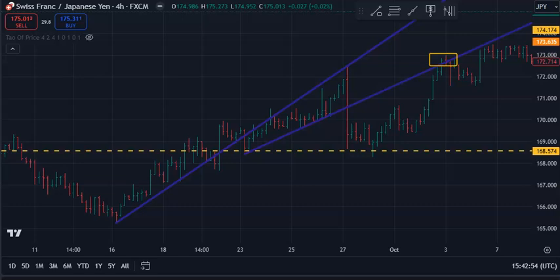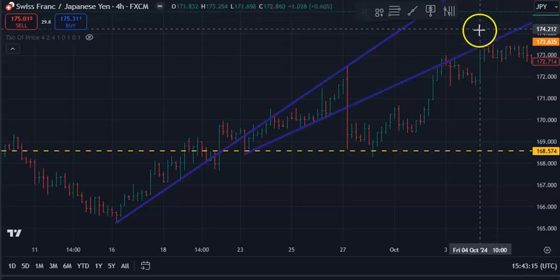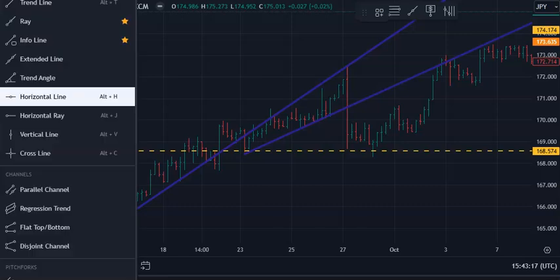Now, of course, it didn't go. I would have to do the same thing. I'd have to draw another support line underneath. Why is it not letting me do that? Oh, I'm in drawing mode. Unbelievable. I've got to really learn how to use this thing. Trend line.